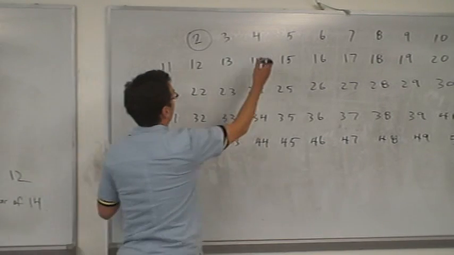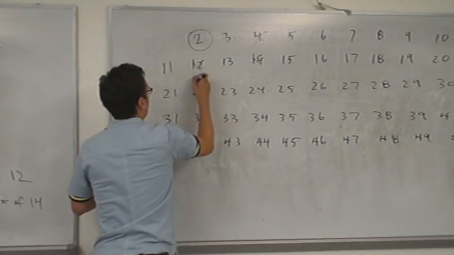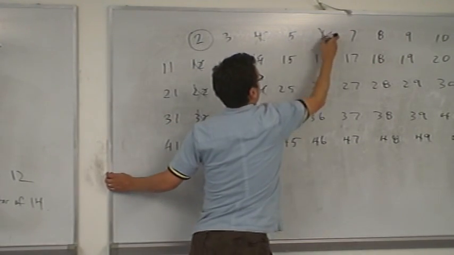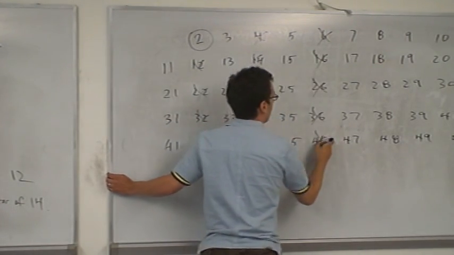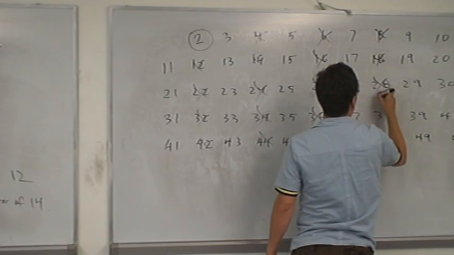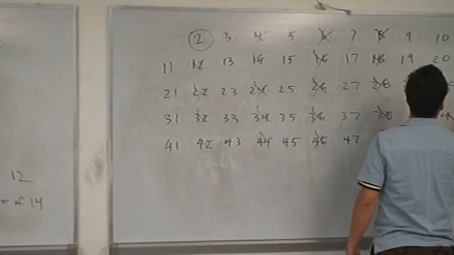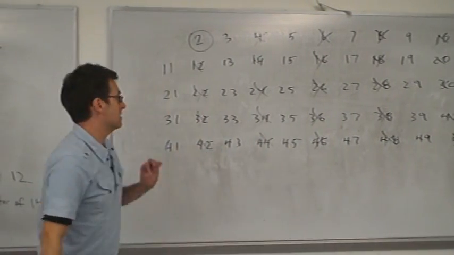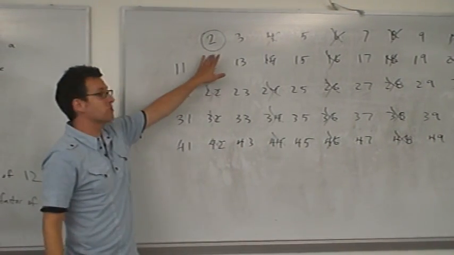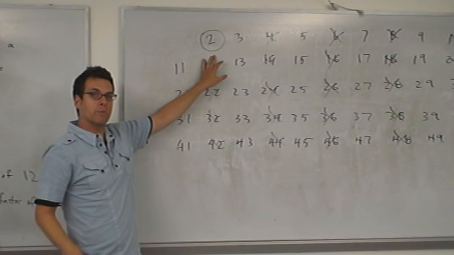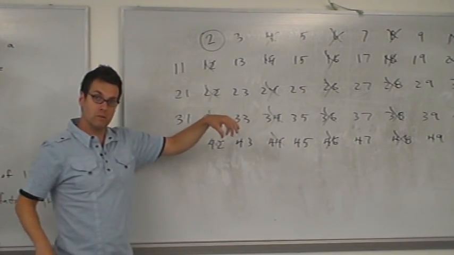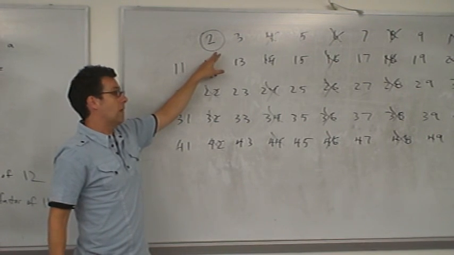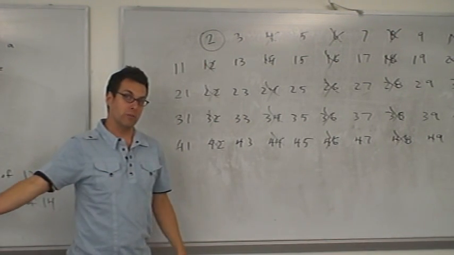If I cross out all of the multiples of 2, I'm essentially crossing out all of the even numbers besides 2 on this list. And if I'm being precise about this, I'm not crossing out all of the multiples of 2. 2 is certainly a multiple of 2. But what I'm going to do in this process is circle the individual number and then cross out all the remaining multiples.